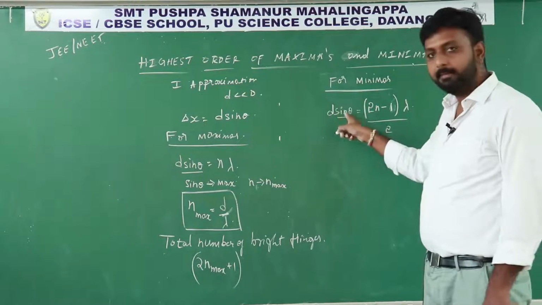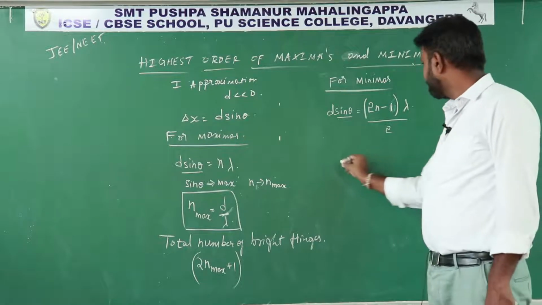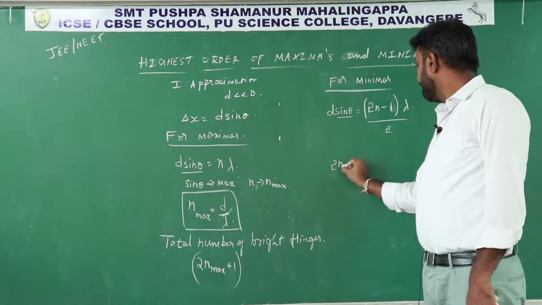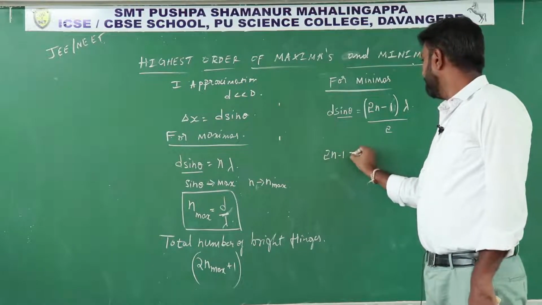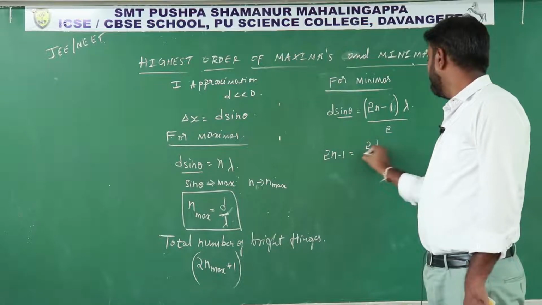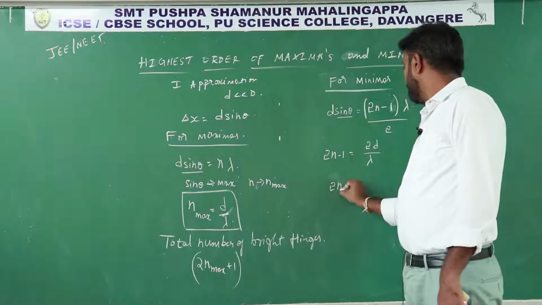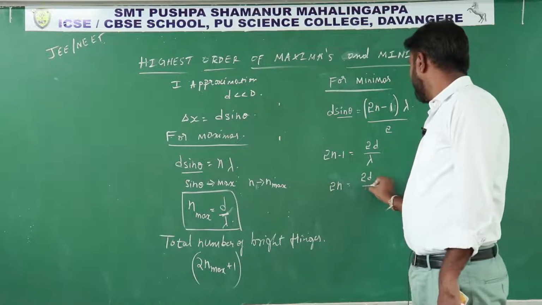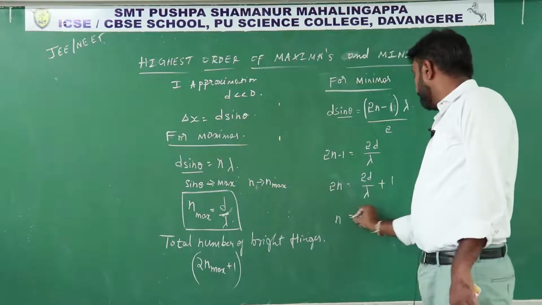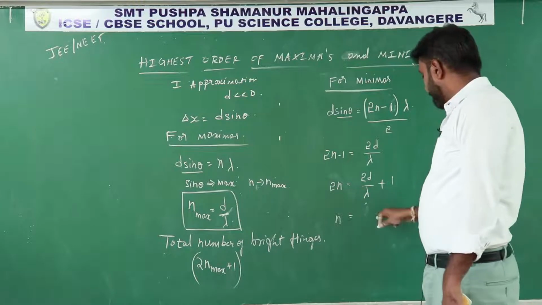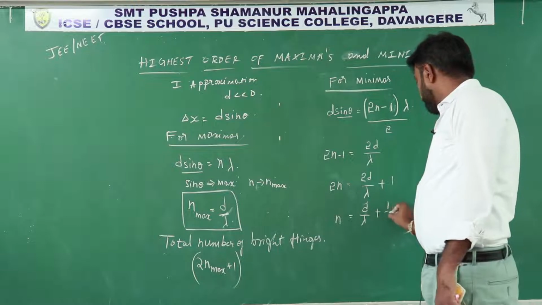If you consider sin theta maximum value 1, then I can write here 2n minus 1 is equal to 2 into d by lambda, or 2n is equal to 2d by lambda plus 1, or n is equal to, if you bring it to this side, d by lambda plus 1 by 2.